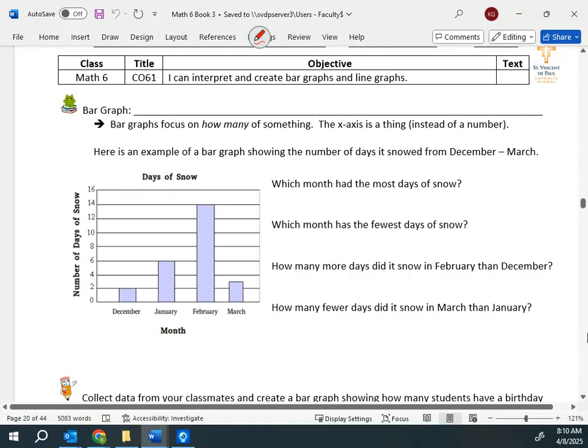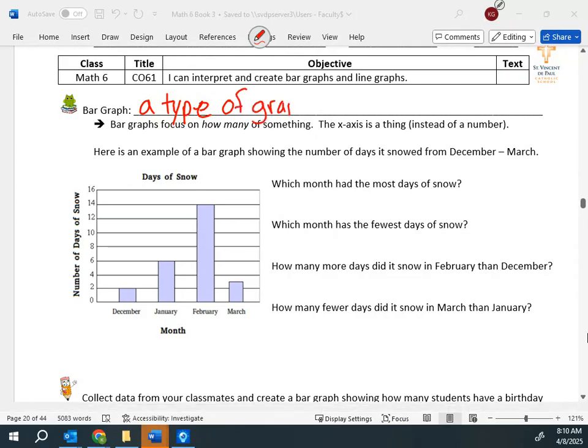So first we have a bar graph. A bar graph is a type of graph in which the lengths are used to represent and compare data.